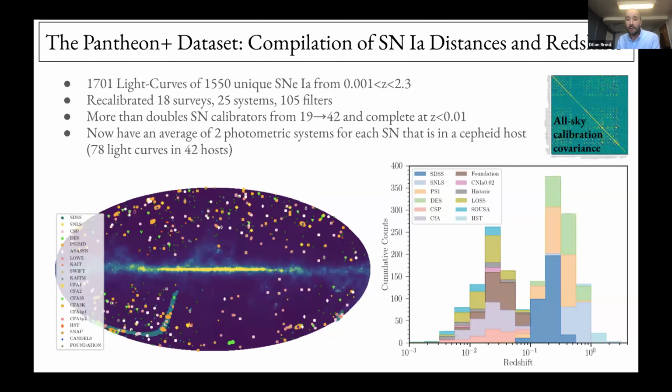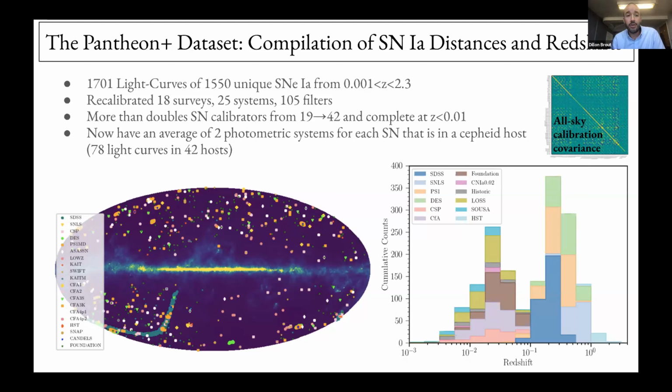So then in the third rung of the distance ladder, we have the Type 1a supernovae, and that's the data set that we've been working on for the last 5 years, called the Pantheon+ data set. This is the successor to the original Pantheon data set, which is really just a compilation of all of the best high quality Type 1a supernova surveys that have been executed over the last basically 30 years.